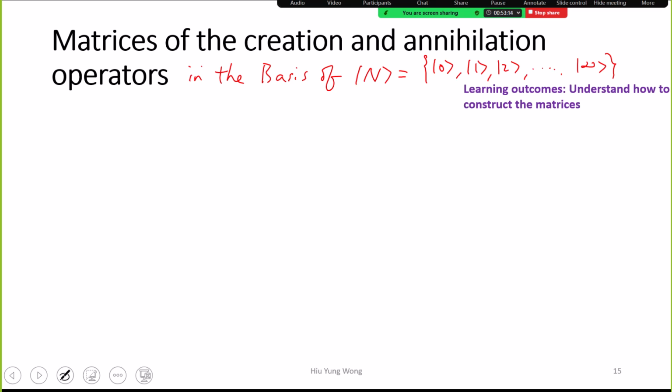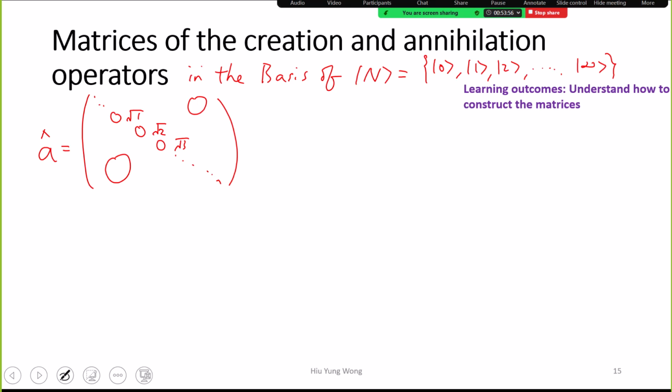Okay? Now, I will just give you the answer, and then we look at a simple case. It turned out that this A hat, if I wrote it in this basis, is infinite, so it's difficult for me to write. But I will write down the diagonal. The diagonal is 0, and everything else is also 0. But the one next to the diagonal on the right is square root 1, square root 2, square root 3, and you just keep going.